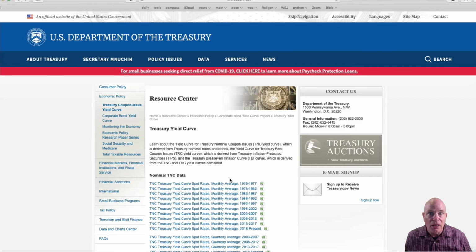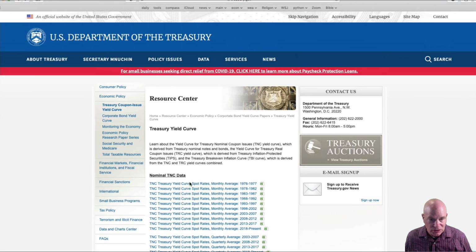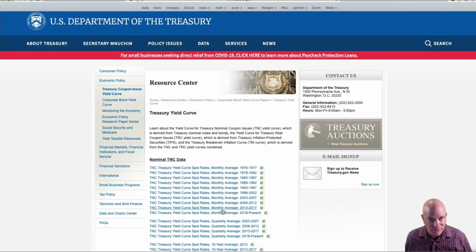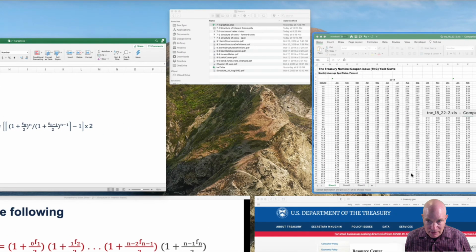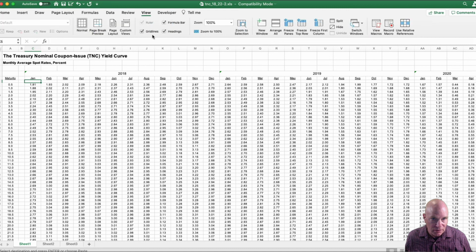If we look at the Treasury site, this is the U.S. Treasury site, they give spot curves for all the years from 76 through 2018. And if I come and get that file, this is what it looks like. And let me just freeze the frames here.